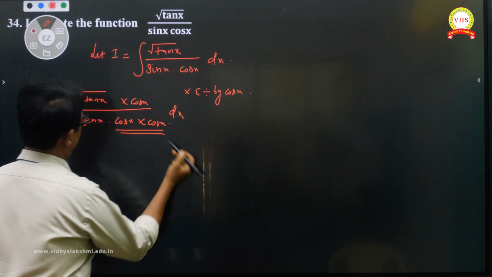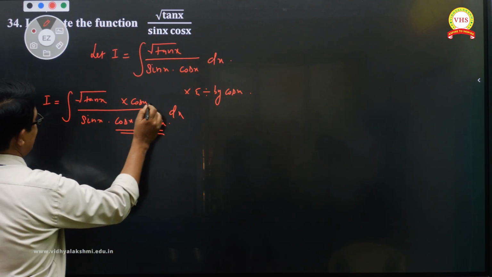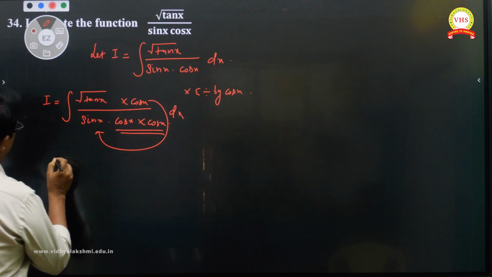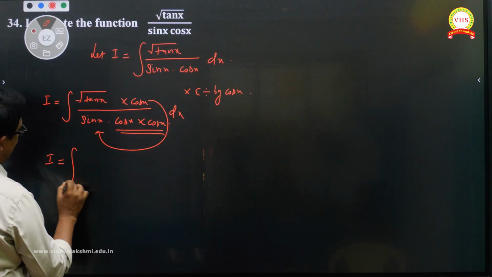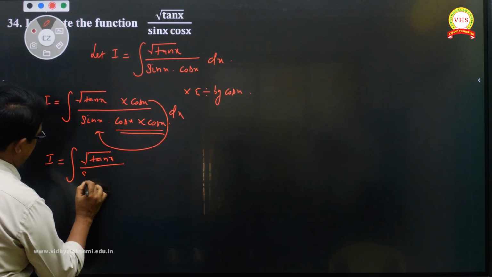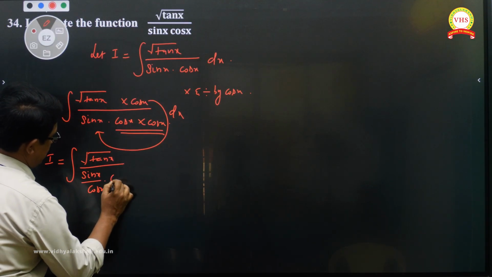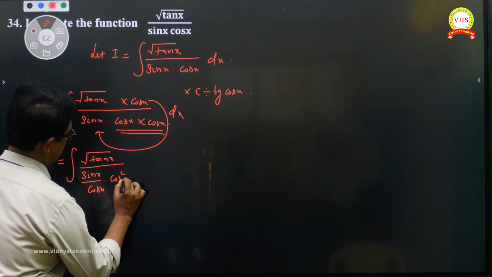Now this pair, cos x into cos x, becomes cos square x. Now I equal to integral square root of tan x divided by sin x by cos x into cos square x. Students, any doubt?